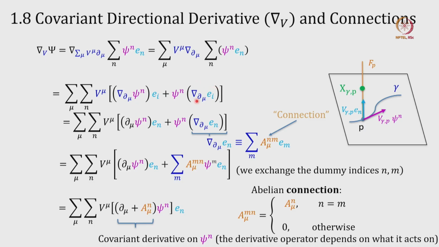So, what it has done is that, as we know the definition of a derivative, it is a difference between how these unit vectors are between two neighboring points. So, I have some unit vectors here, and we make a small infinitesimal change, and how the unit vectors have changed.